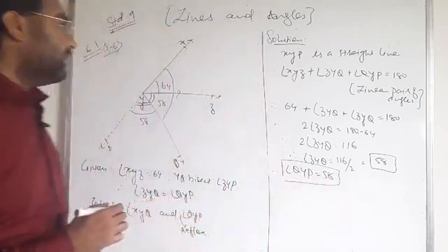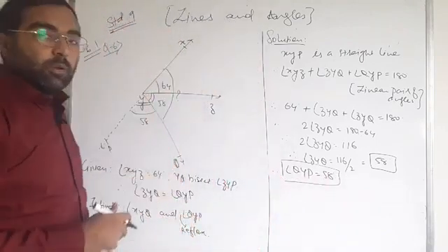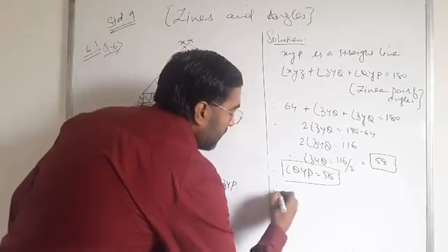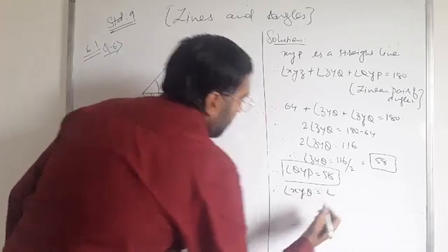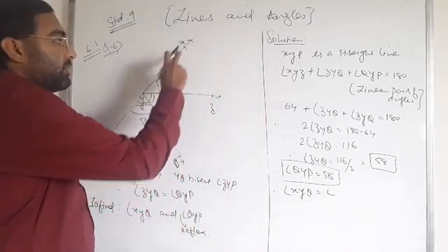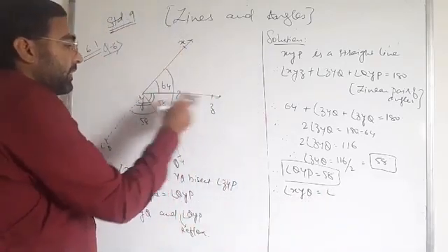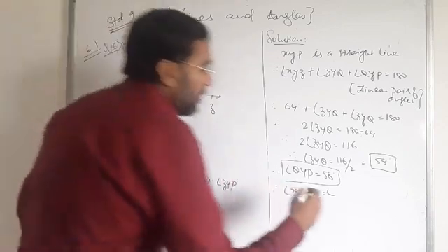Now we have to find angle XYQ. For angle XYQ, we know it is the sum of two angles, XYZ plus ZYQ.